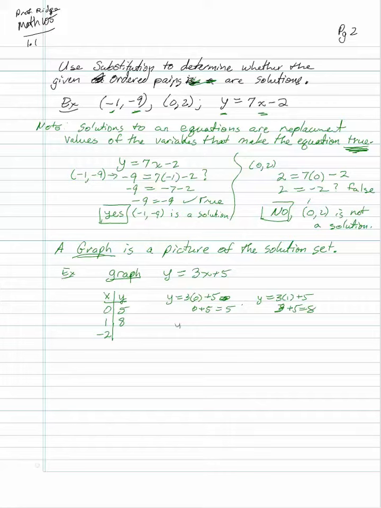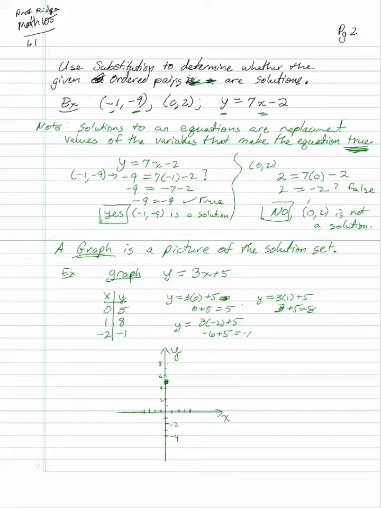And then if you plug in negative 2 for x, so you get negative 6 plus 5, negative 1. And then you plot these 3 points, (0, 5), (1, 8), (-2, -1), on a graph, and then draw the line through it. Okay, so we're going to start with (0, 5), and if you recall, that's called the y-intercept.